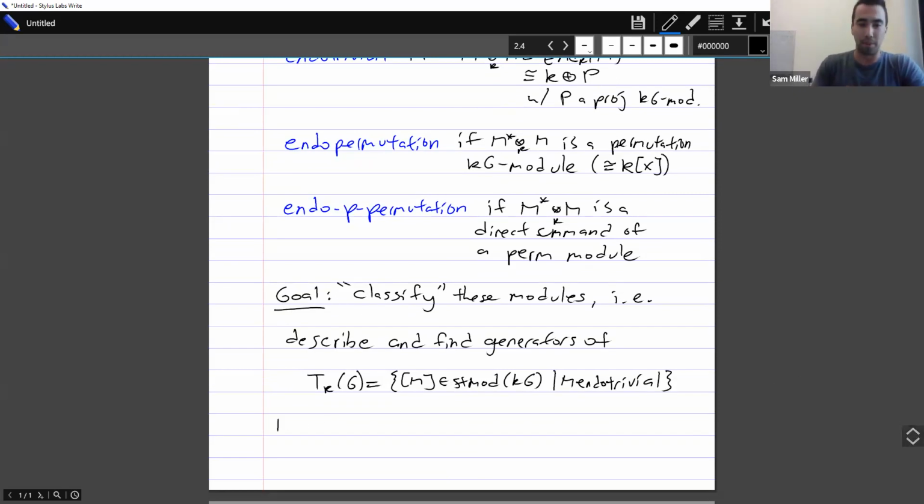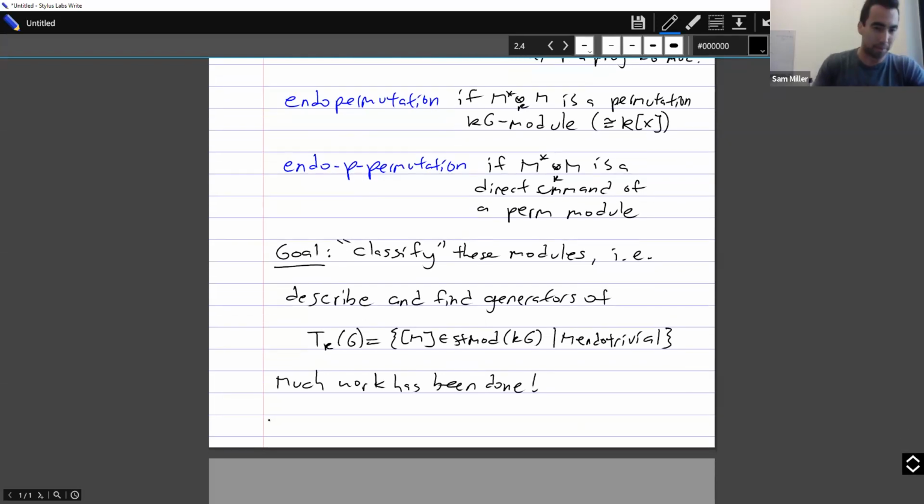And so much work has been done, some of which by some of the audience members here. For example, we have some theorems. I'm saying these to motivate some of the things that I will be talking about later.